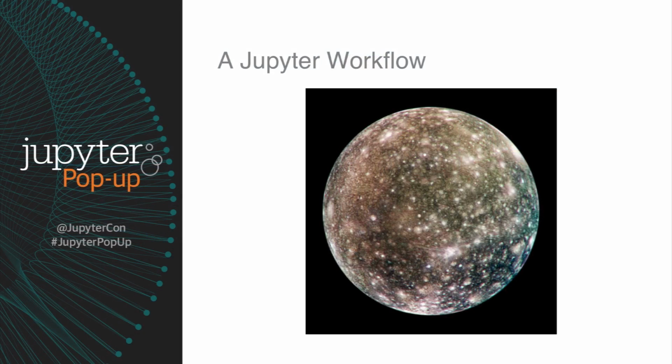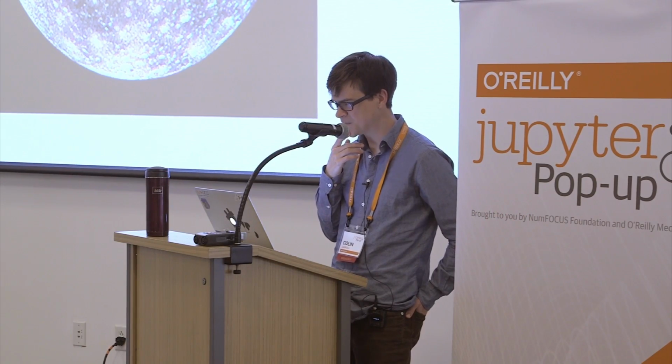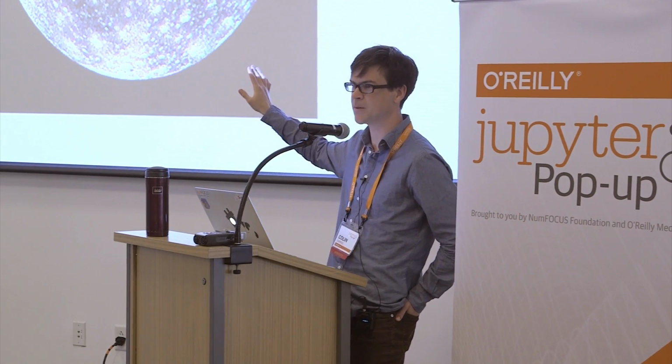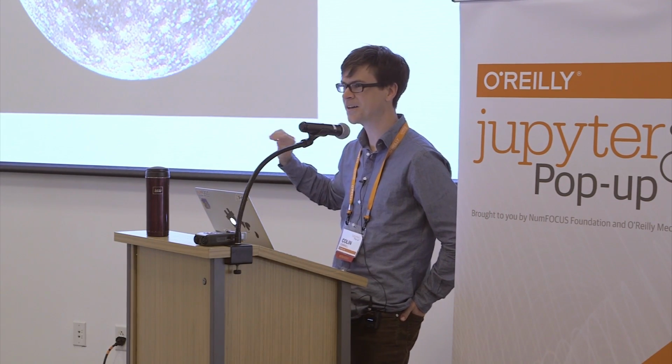Great. So I want to spend the end of my time talking about how you might start a small project with some of these tools and workflows. This is a photo of Callisto, the moon, just for the naming of this. There's also a small library called Carpo, which is another moon of Jupiter.